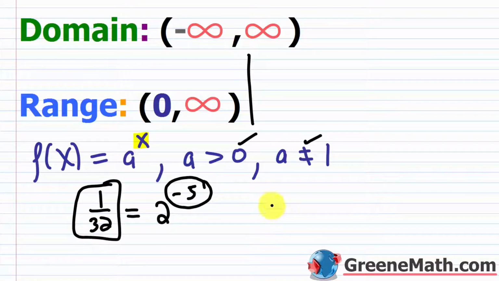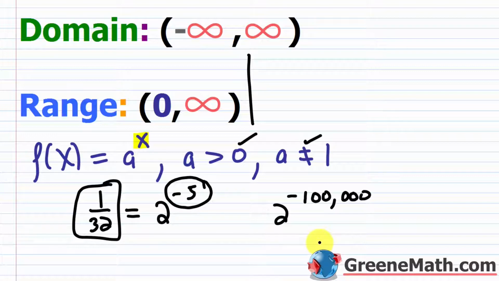So you can think about 2 to some incredibly large negative number. So 2 to the power of negative, let's say 100,000, for example. That would be really close to 0, and you can get as close as you want. You could do 2 to the power of negative 1 trillion if you wanted to, okay, and see what that is. It's going to be really, really close to 0, but you'll never actually touch it.